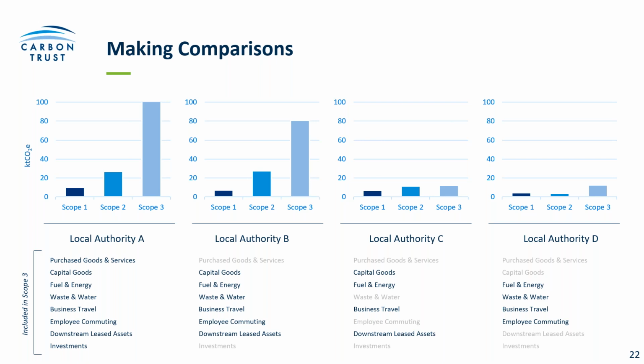And really, this makes the ability to compare footprints a lot more difficult as we're not going to always be comparing apples with apples. So we therefore do recommend that any footprint clearly highlights this breakdown of Scope 3 emissions by category.